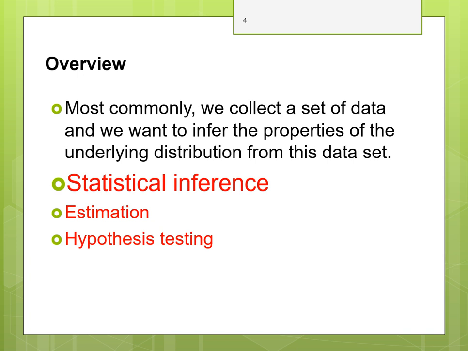Okay, so here let's review what we have learned in chapters 1 to 3. In the previous chapters, we examined the properties of several important probability distributions. For example, the most important distribution is the normal distribution.